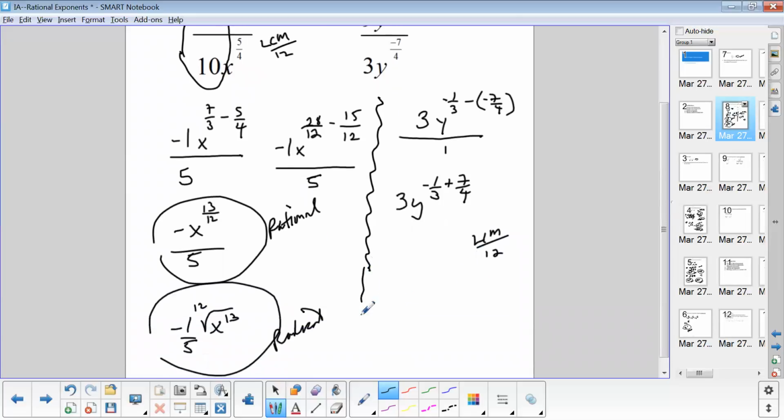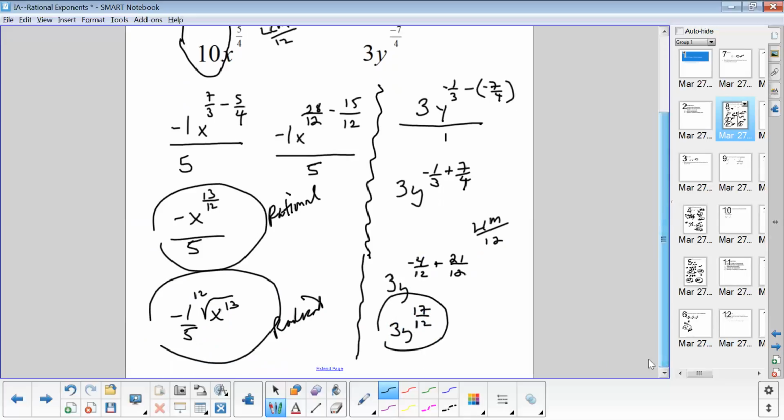So that's going to give me 3y to the negative 4/12 plus 21/12. So that'll be 3y to the negative 4 plus 21, or 17/12. So there's your rational form.